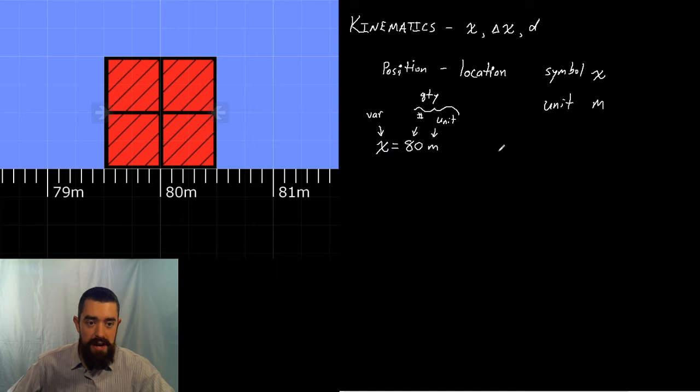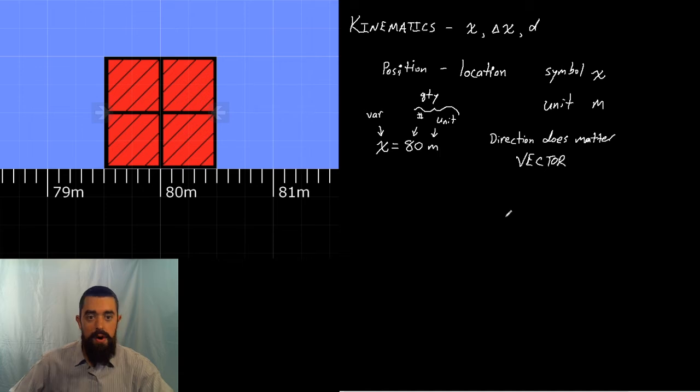Now, because the direction does matter for position, we would say that position is a vector quantity. A vector quantity means the direction matters. So what does that mean?